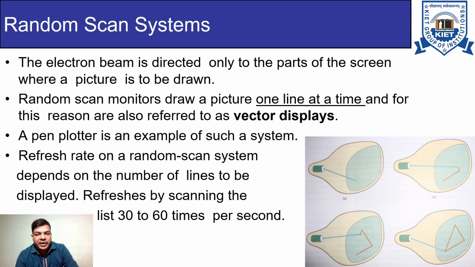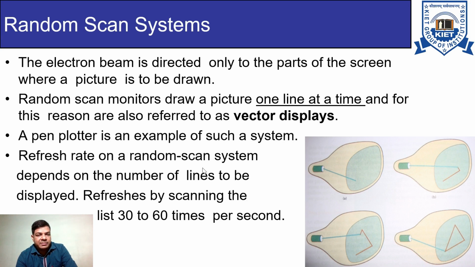So the movement of the electron beam in this case will be, it is at this position so that it is able to plot the base of the triangle. Then after that it is plotting this side of the triangle, and finally it is plotting this side of the triangle. A pen plotter is an example of such a system.